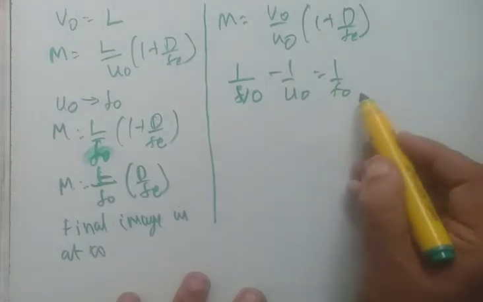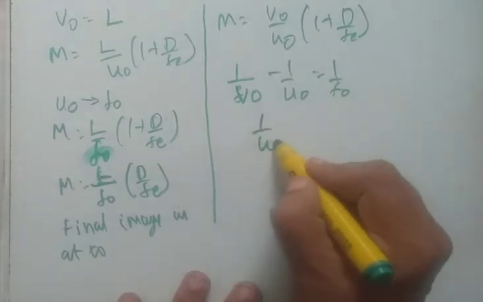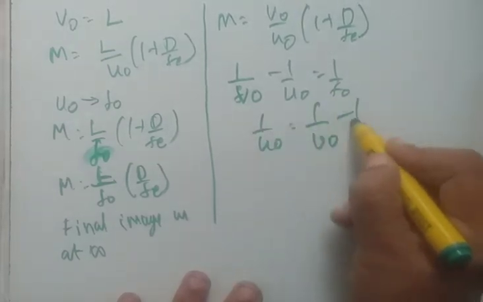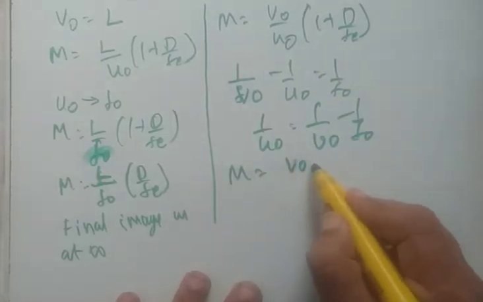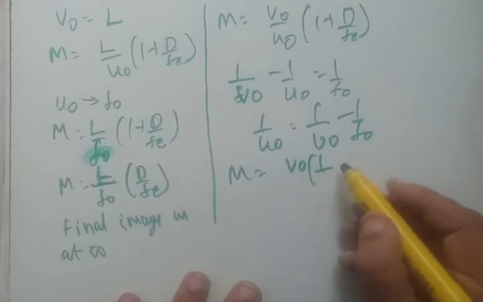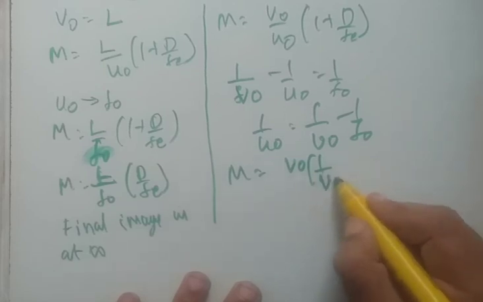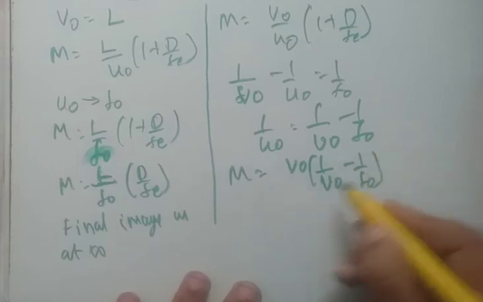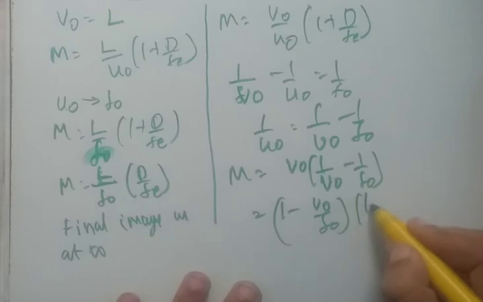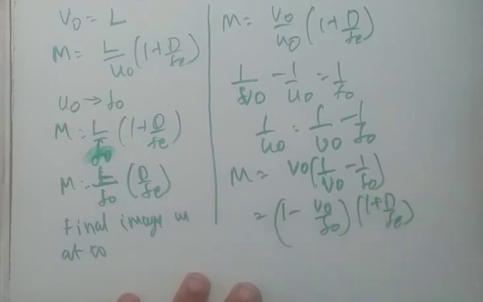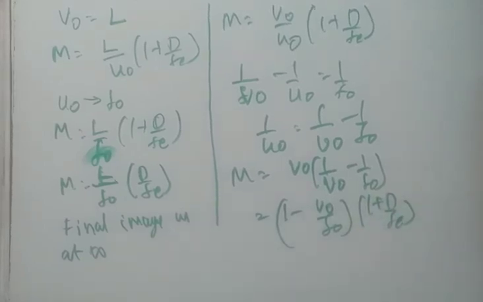By using this, we can write 1 by UO as 1 by VO minus 1 by FO. Therefore, the magnifying power is VO into 1 by VO minus 1 by FO, which is 1 minus VO by FO, into 1 plus D by FE. So this is another form of writing the magnifying power of the microscope.